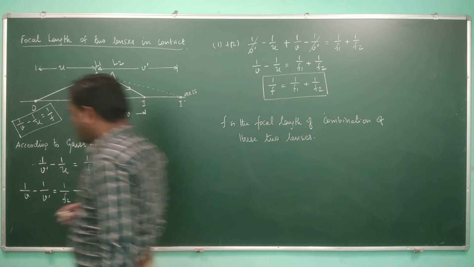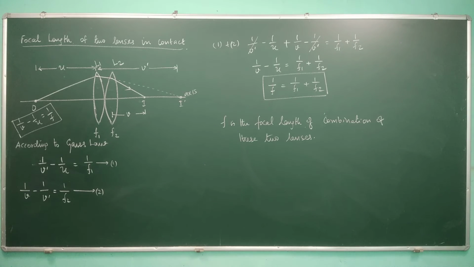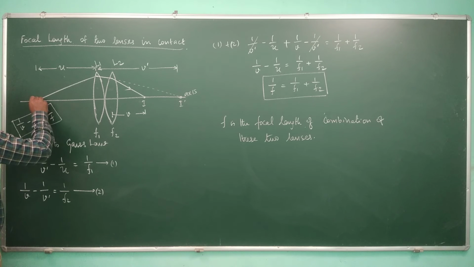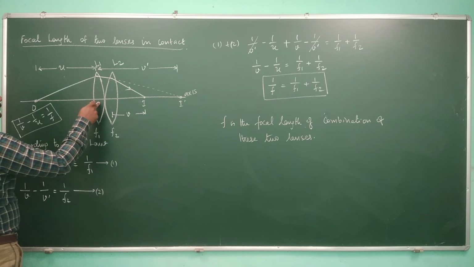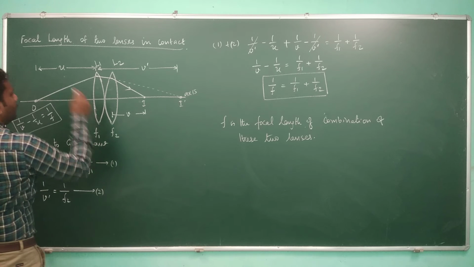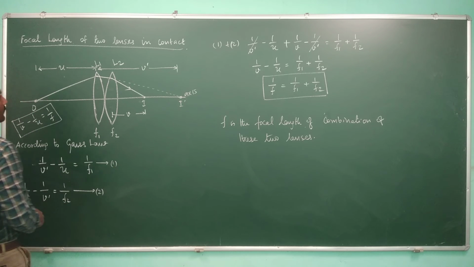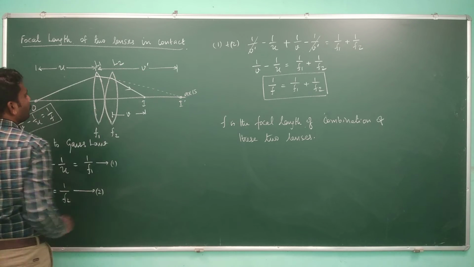Okay, so what we have discussed here, we are given two lenses which are in contact, and a point object O is here. The distance from this point object to the center of the first lens is u, and the distance from the center of the first lens to the image is v prime.